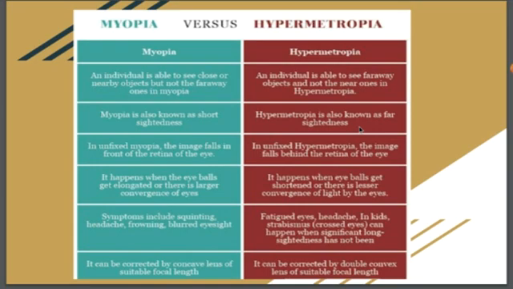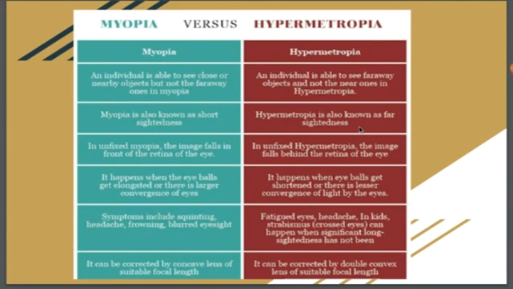Now we'll see hypermetropia. An individual is able to see faraway objects and not the near ones in hypermetropia. Hypermetropia is also known as farsightedness. In uncorrected hypermetropia, the image falls behind the retina of the eye.